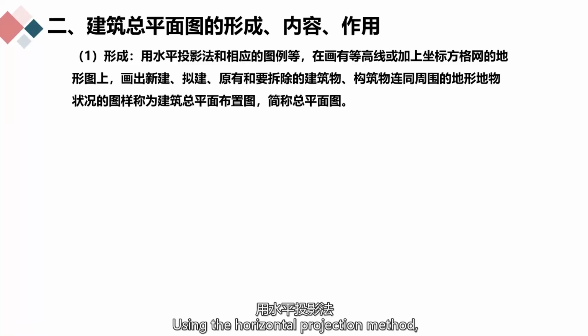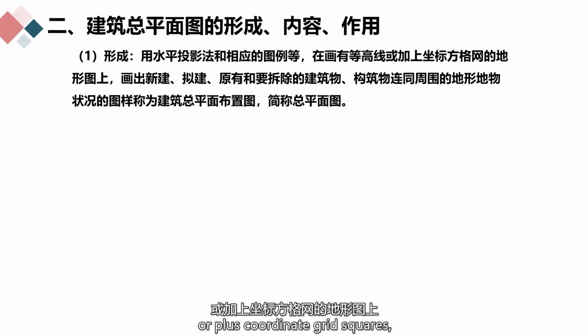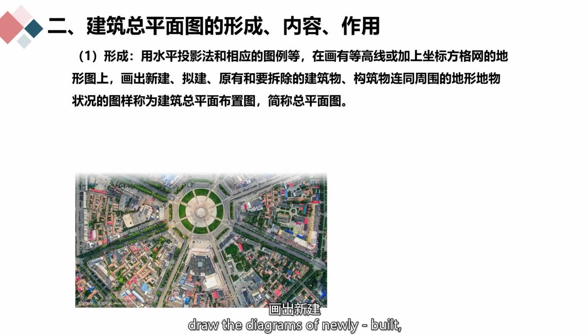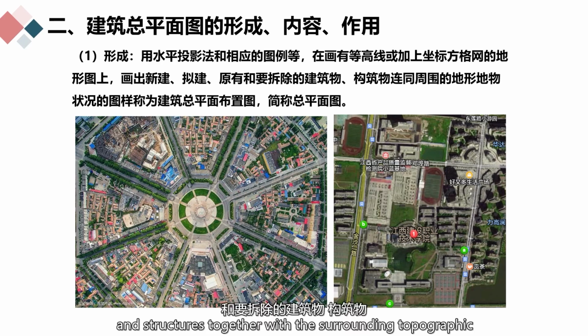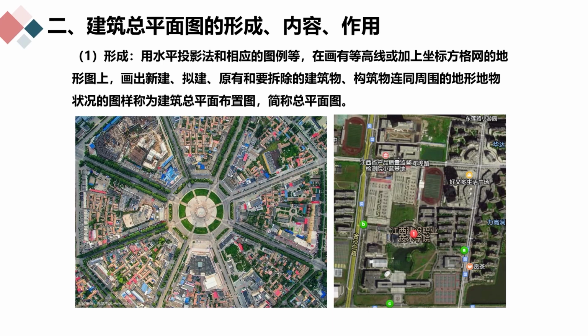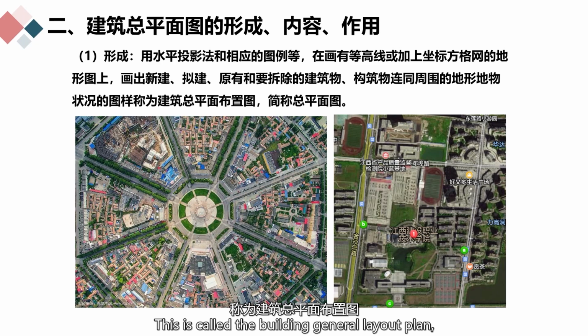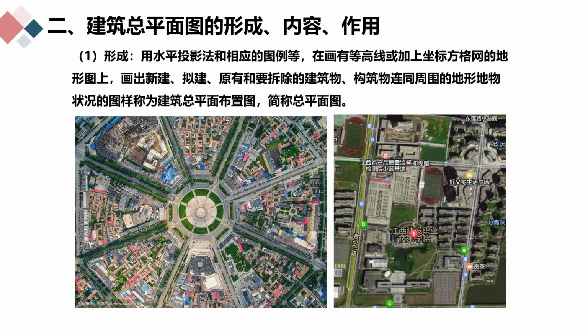Using the horizontal projection method and corresponding legends, etc. on the topographic map with contour lines or plus coordinate grid squares, draw the diagrams of newly built, proposed to be built, existing and to be demolished buildings and structures together with the surrounding topographic and geomorphic conditions. This is called the Building General Layout Plan, abbreviated as the General Layout Plan.